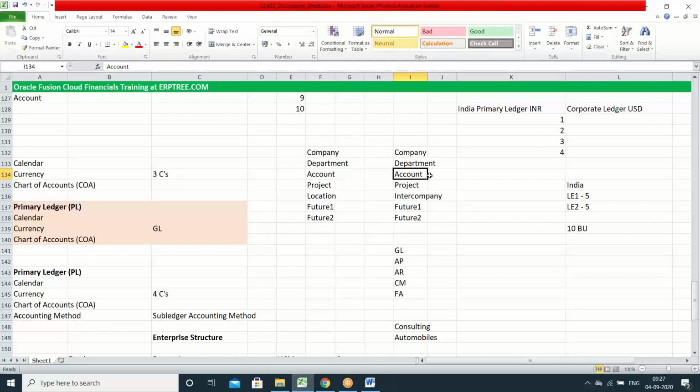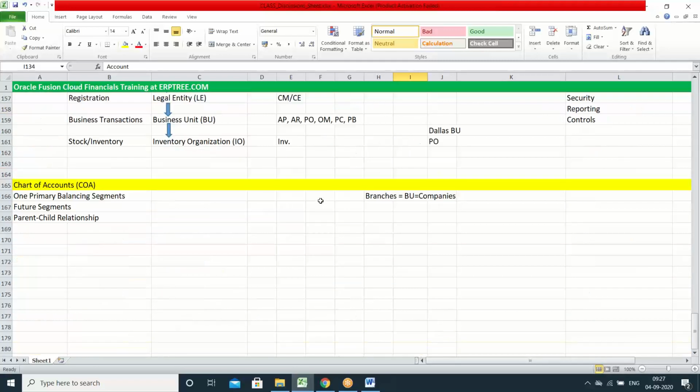So we should maintain within the chart of accounts, within these segments, the segment values, and maintain parent and child relationships to facilitate the best reporting practices. And we already discussed one point: based on the branches we create business units, and based on business units we create the companies.